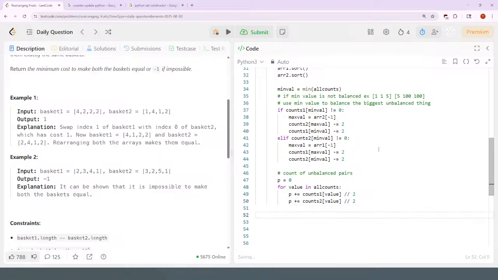And then I kind of need to know the sorted list of all the unbalanced stuff. I already sorted it.